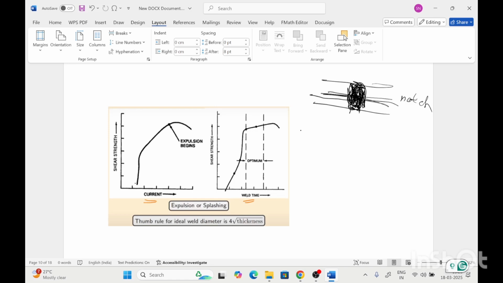So the nugget diameter can be modified by varying the current or the welding time. Either we can vary the current, or by fixing the current we can vary the welding time.